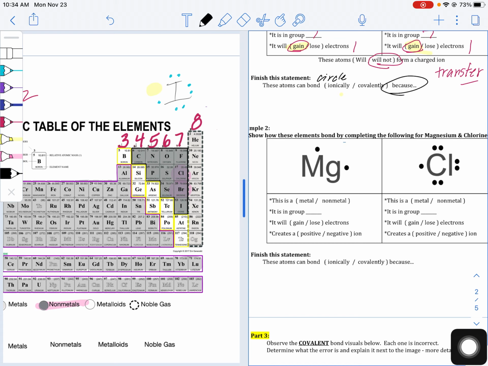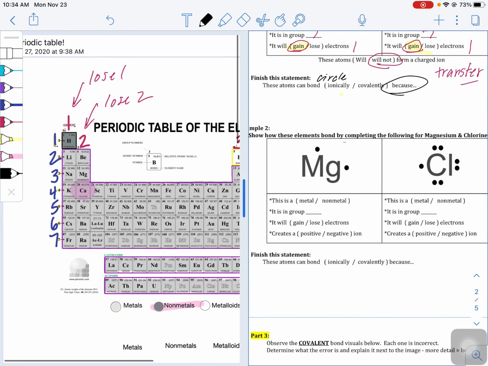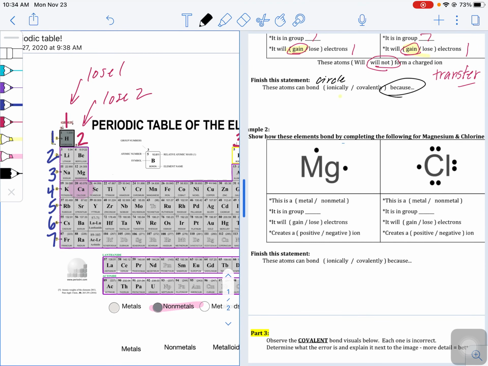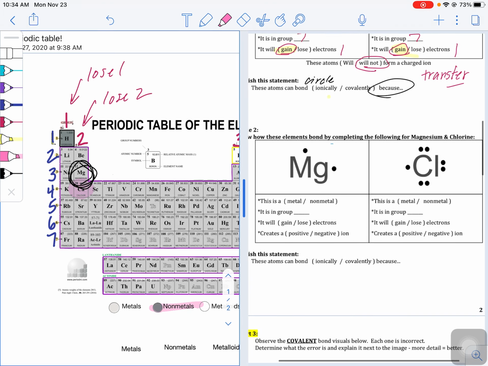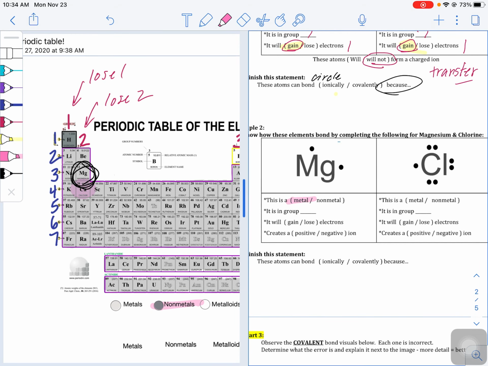We're looking here at magnesium. So we can find that one over here on this end of the periodic table. Magnesium is a metal, and it is part of group 2. We can again see that by looking at the group number or the valence electron dots around the outside.